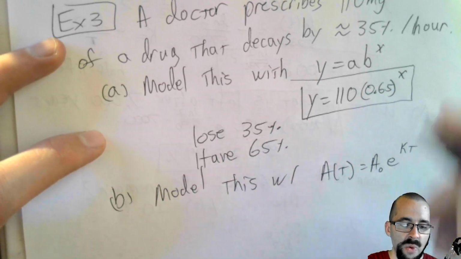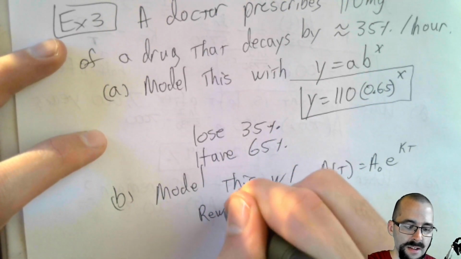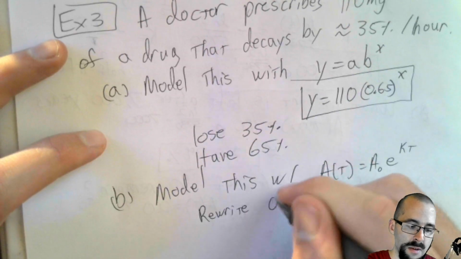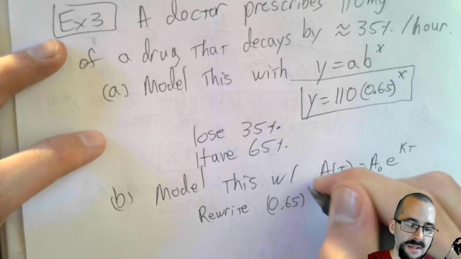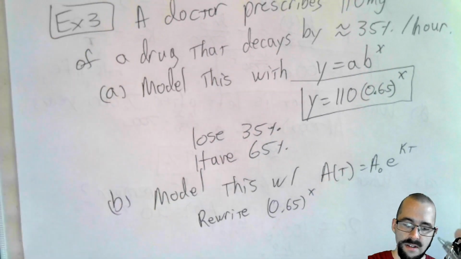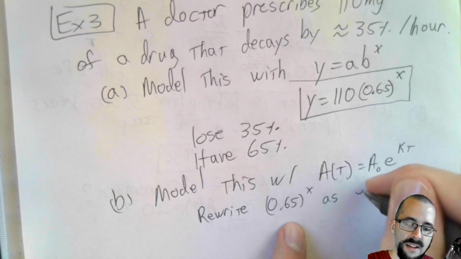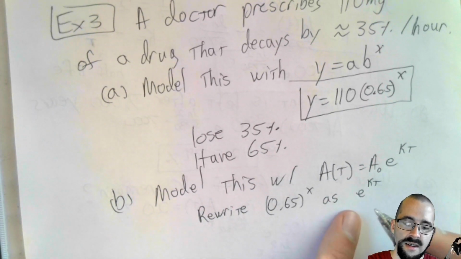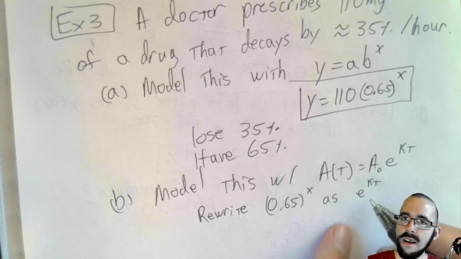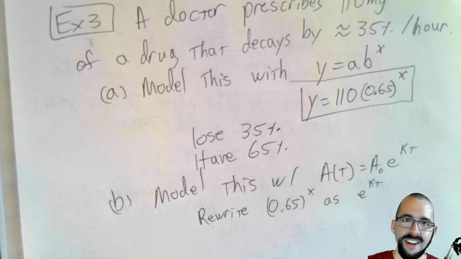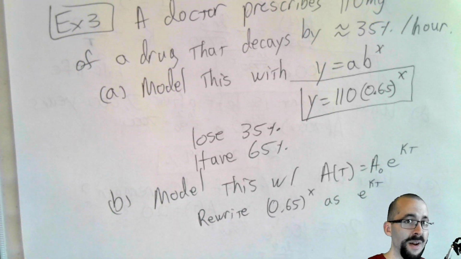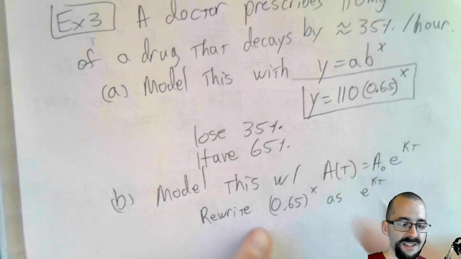We can rewrite 0.65 to the x as e to the kt. And this is the trick. I don't expect you to see the trick, but I'm going to tell it to you, and hopefully it'll make sense.